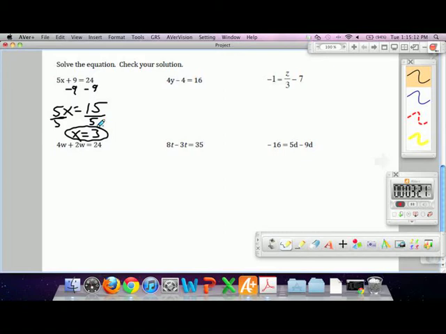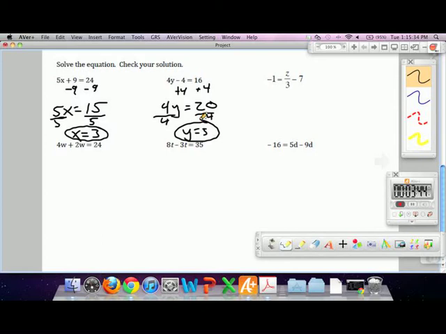We can undo this subtracting, so let's add 4. 4y equals 20. The only thing left to do is undo this multiply. Y is 5.